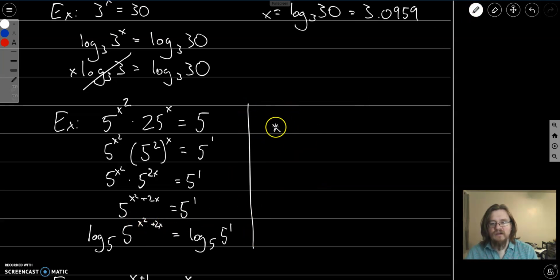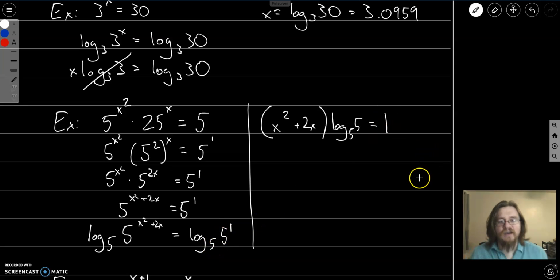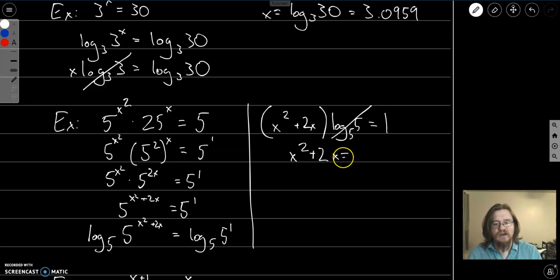So this is going to be x squared plus 2x, that's the exponent over there, times log base 5 of 5. And over here, the exponent is just 1, and log base 5 of 5 is just going to be 1. So ultimately, we've got x squared plus 2x is equal to 1.